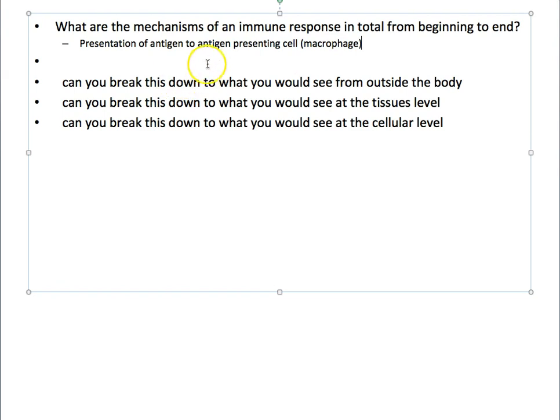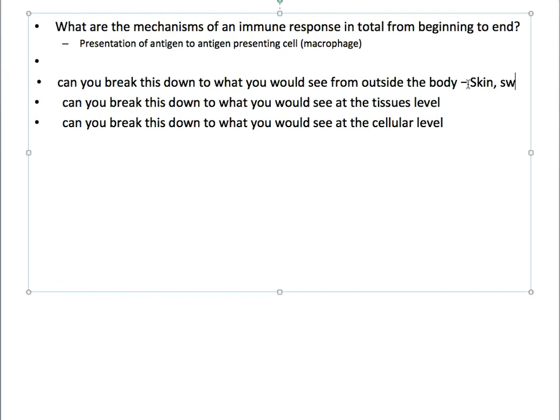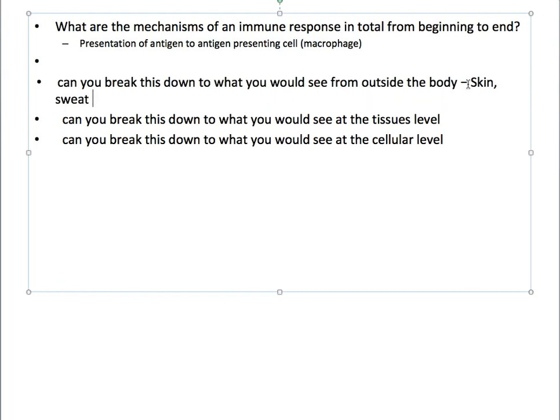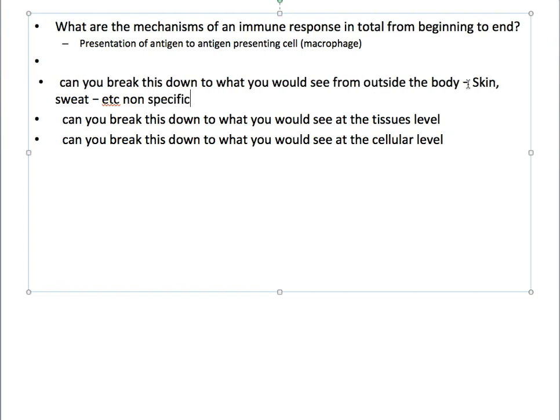Right? And now, if I'm asking you what can happen from the outside of the cell, you know then that means skin, sweat, etc. is nonspecific. Nonspecific response.